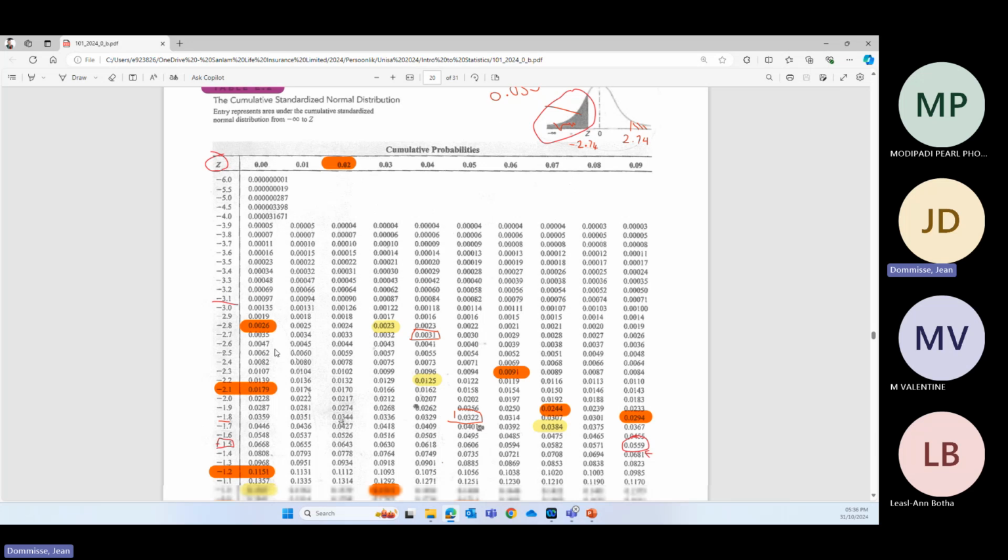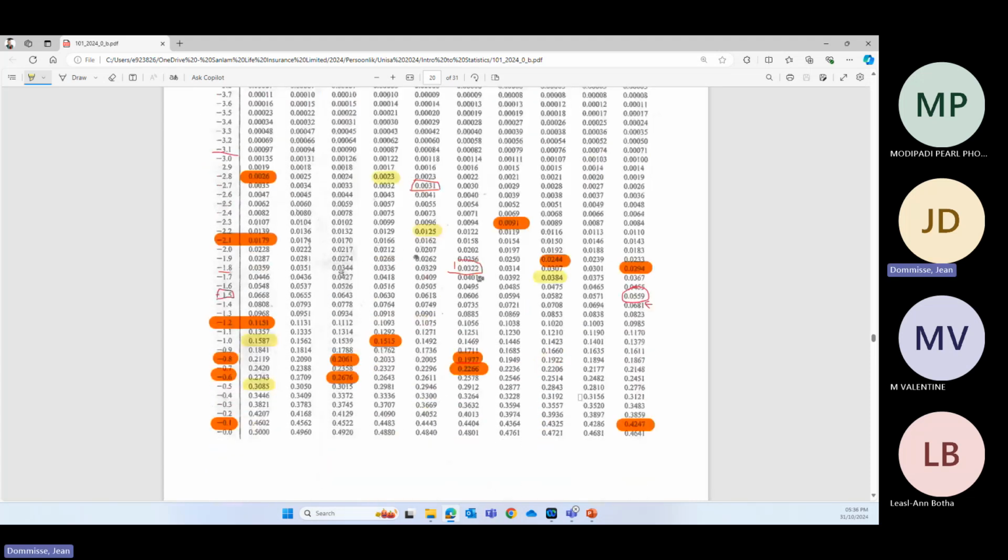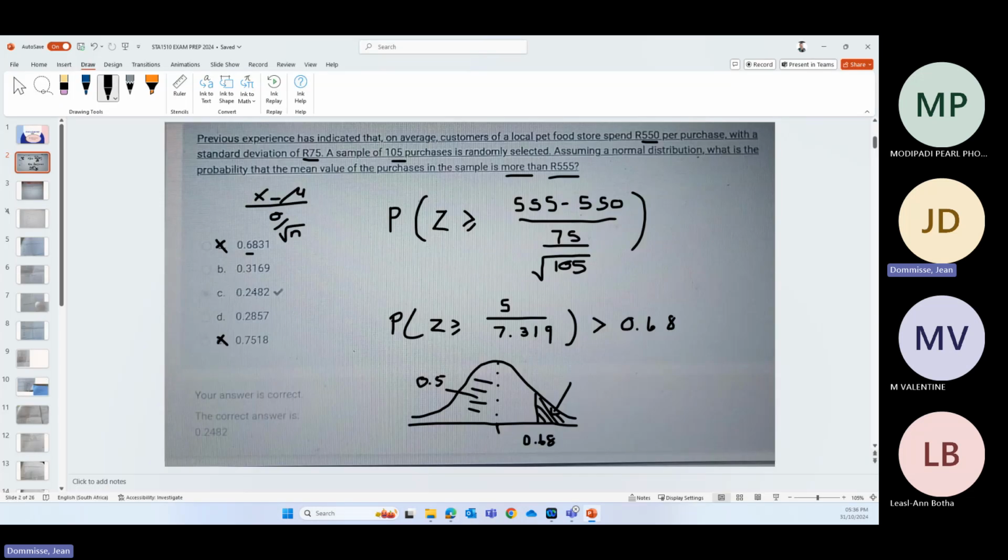So let's just see. 0.68, so minus 0.68, seems like 0.2482, which is the one that we got there. So basically, we need to work out the Z, which is 0.68.